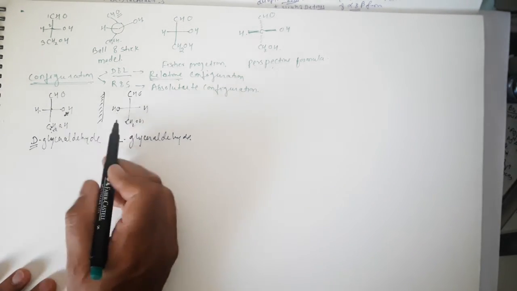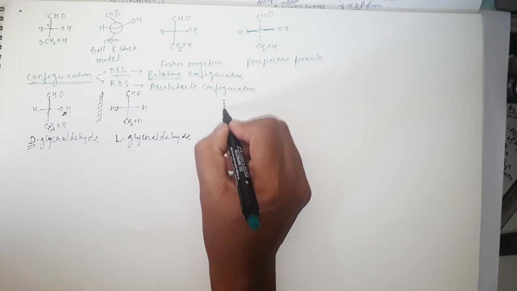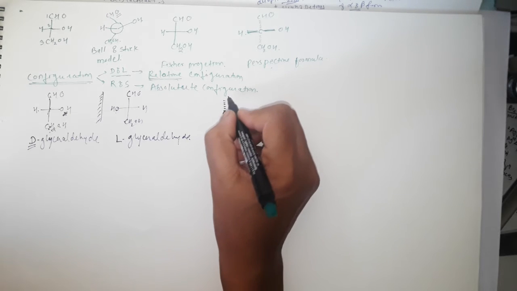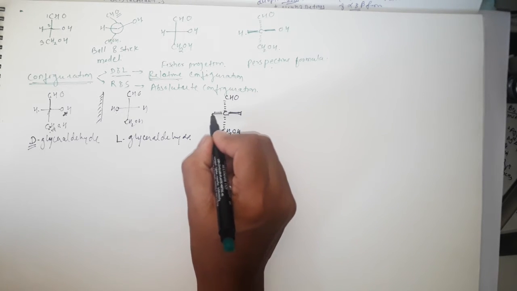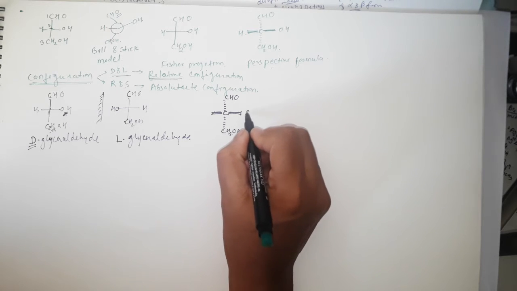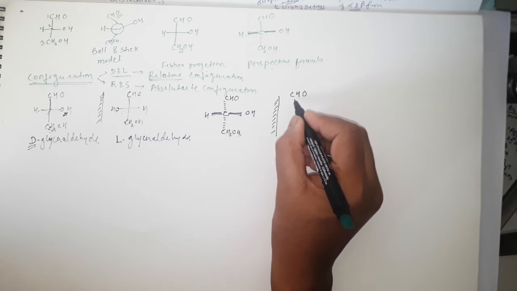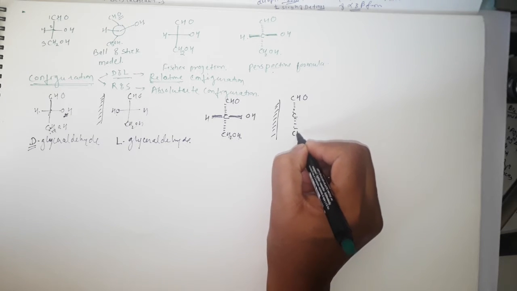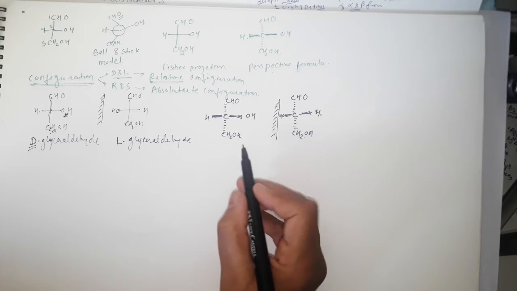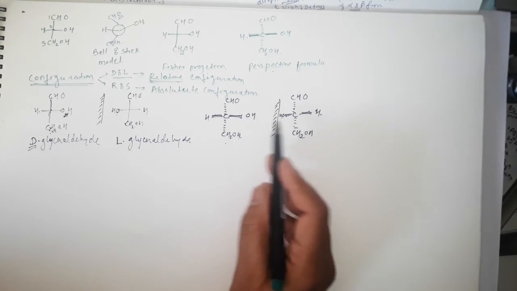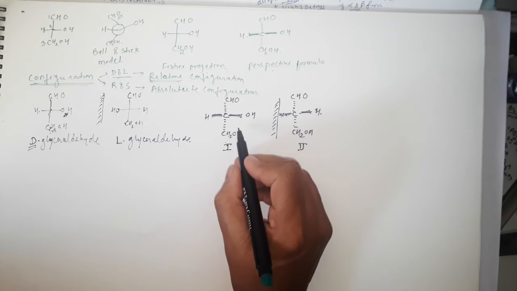Now, how can we write down this Fisher form into the perspective form? In the perspective formula, the vertical you must show dotted, CH2OH, and the horizontal you show as solid wedges, that is OH and H. Now, if you look at these two, they are exactly mirror images of each other, but this structure 1 and structure 2 are not superimposable on each other.